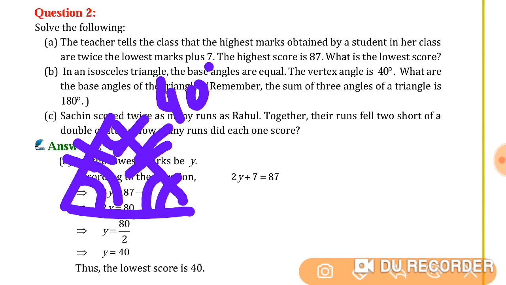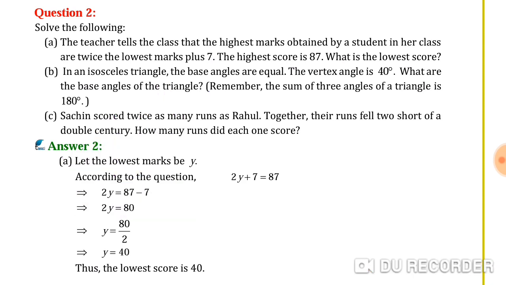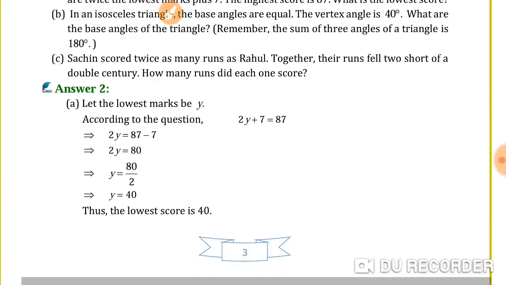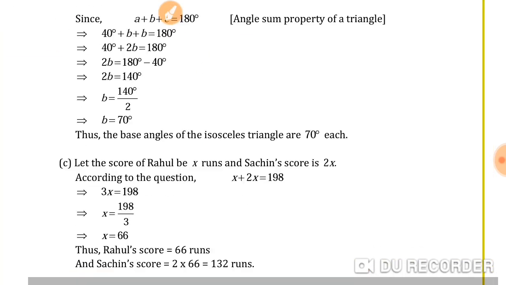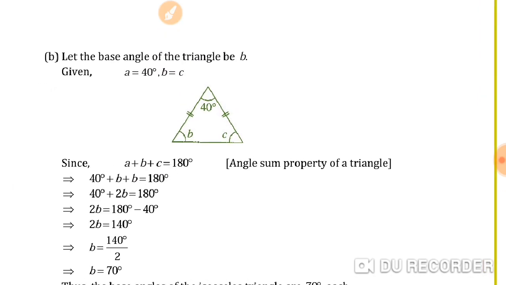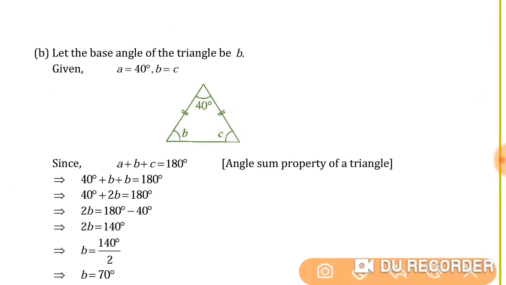Remember the sum of angles of a triangle is 180 degrees. Here let the base angle of the triangle be B. So those are here B and C. So A is equal to 40 degrees and B is equal to C here. So both angles are the same. Here 40 plus B plus C is equal to 180 degrees.